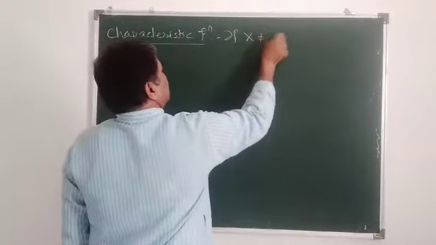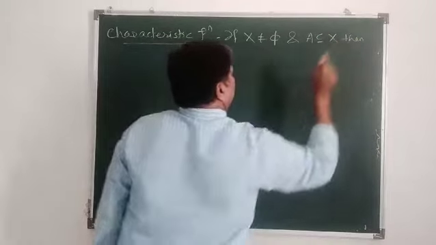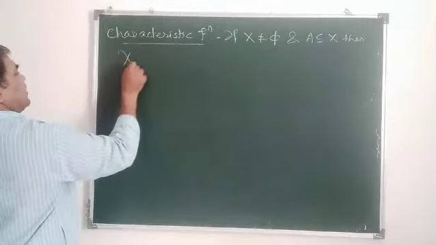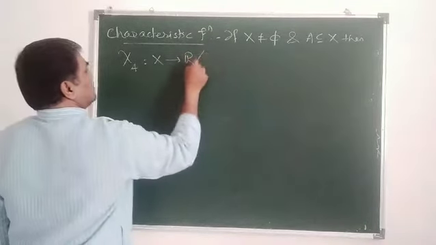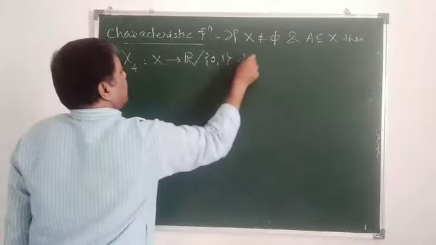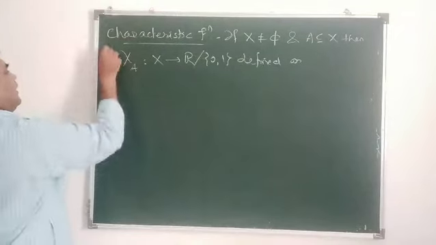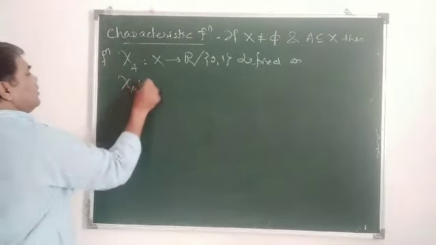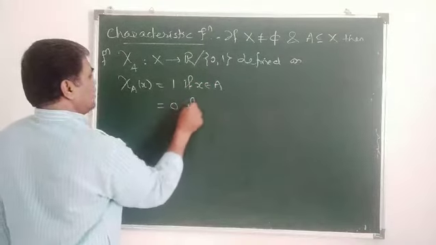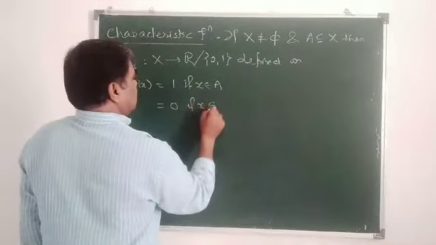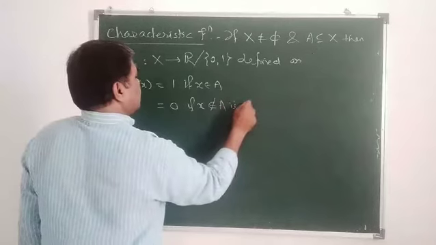If X is a nonempty set and A is a subset of X, then the characteristic function psi A from X to R, or just two elements say 0, 1, is defined as psi A of x equal to 1 if x belongs to A, and it is 0 if x doesn't belong to A, that is, if x belongs to A complement.